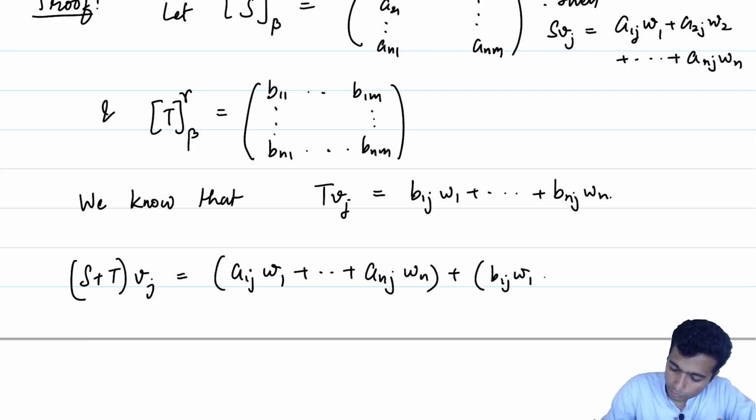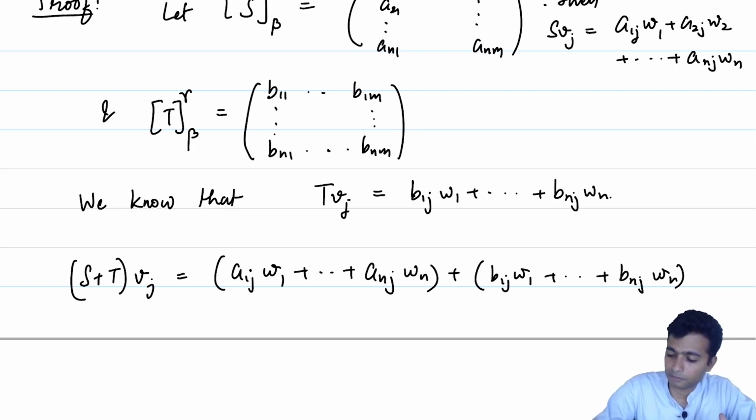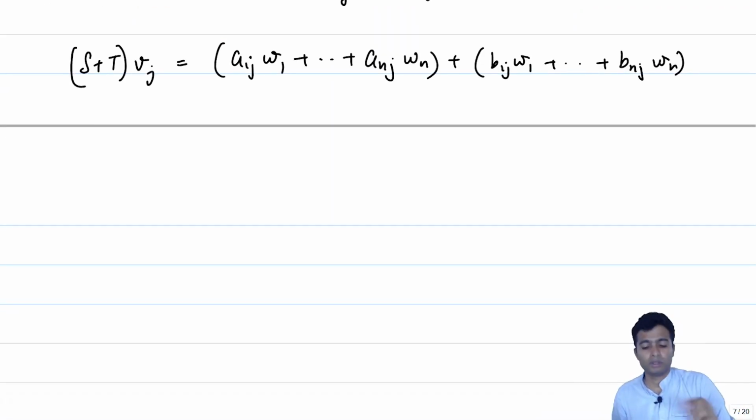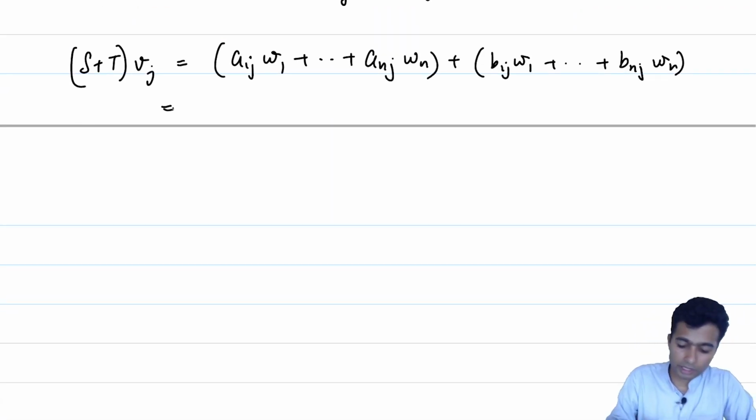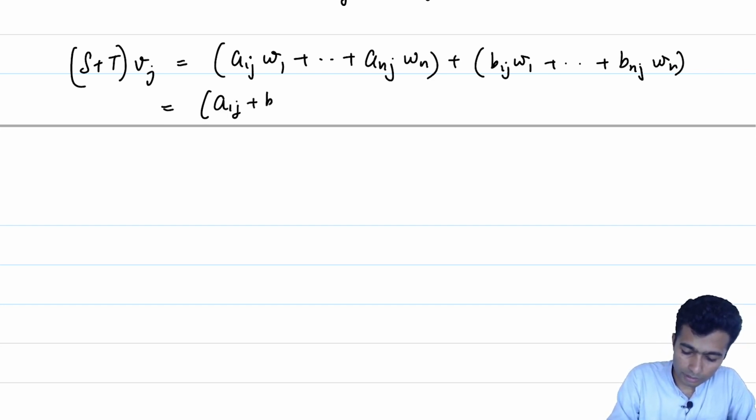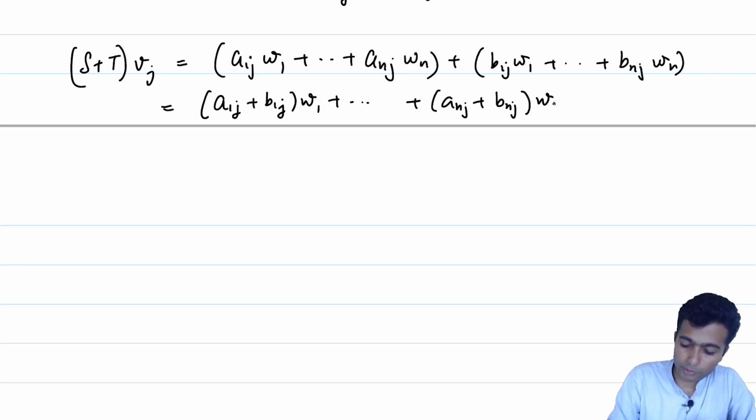B1j W1 plus up to BNj Wn. Now we can do all the necessary rearrangements and finally obtain A1j plus B1j times W1 plus up to ANj plus BNj times Wn.